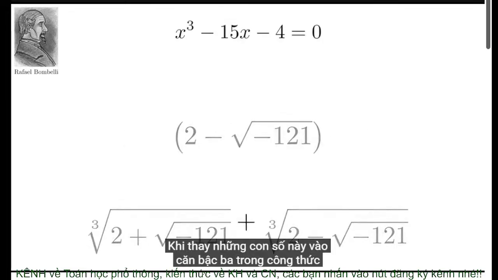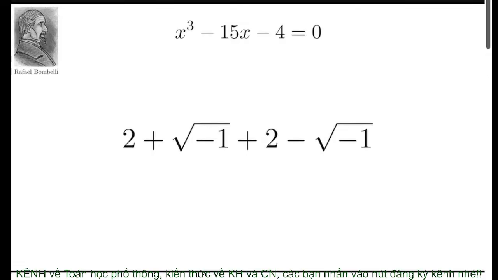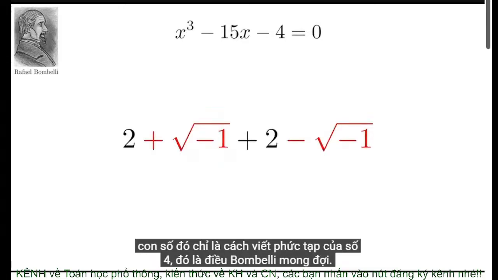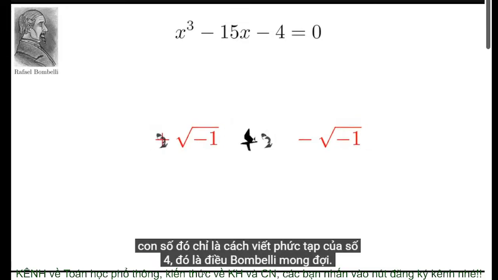Putting these numbers in for the cube roots in the formula, the formula tells us that 2 plus the square root of minus 1 plus 2 minus the square root of minus 1 is a root of this cubic. But of course, that number is just a complicated way of writing 4, which is what Bombelli had expected.